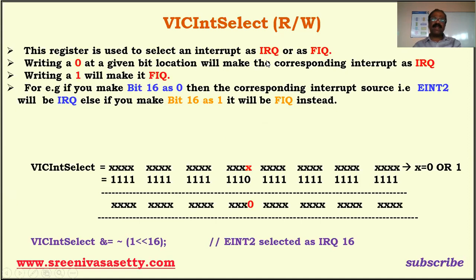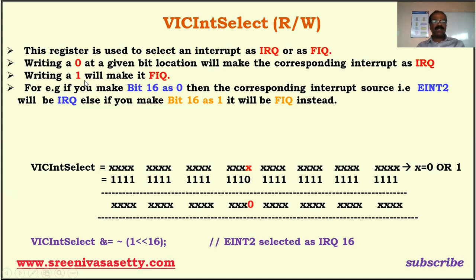In this case, we are talking about the normal interrupt request, not the fast interrupt request. Therefore, with the help of this register, we can configure it as IRQ. This register is used to select an interrupt as IRQ or FIQ. Writing a 0 at a given bit location will make the corresponding interrupt an IRQ, and writing a 1 will make it a fast interrupt request.